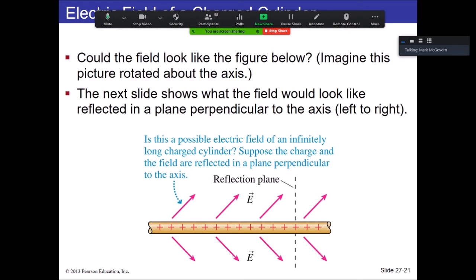Well, it's because, again, the field would have to have the same symmetry as the rod. Because if I were to take this entire rod, say my soda bottle here, and flip it around, now, assuming this is an infinitely long rod, if I just rotate it, does the rod look different?